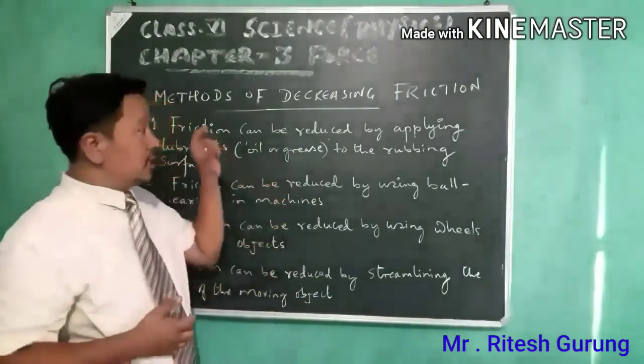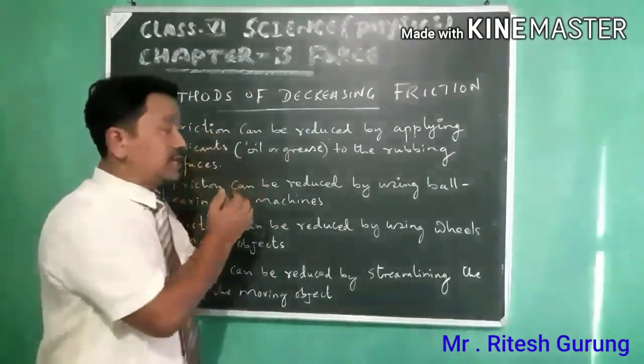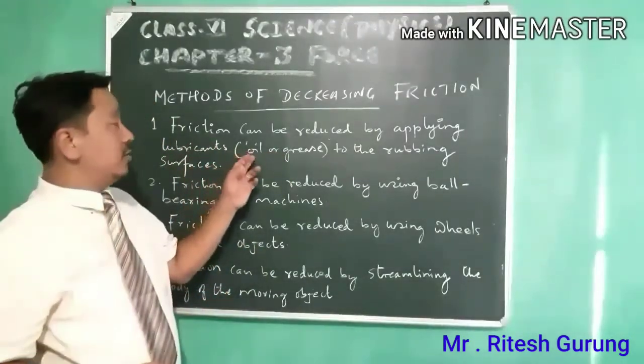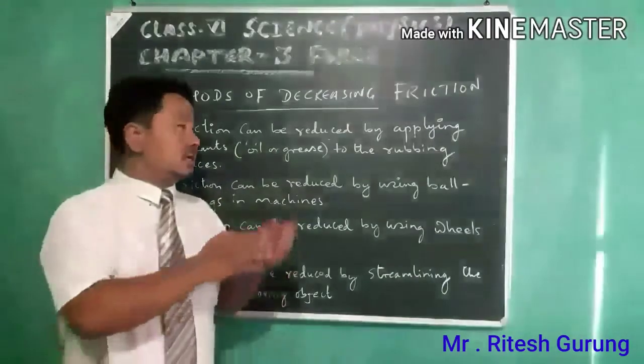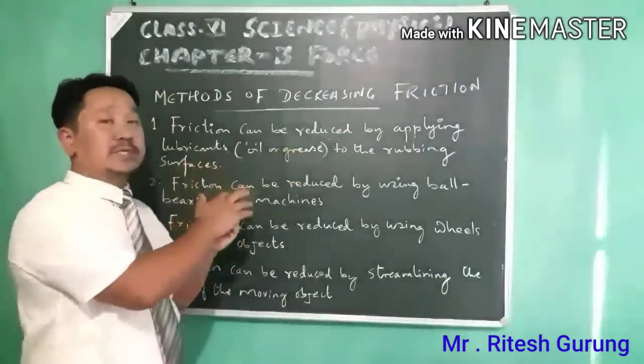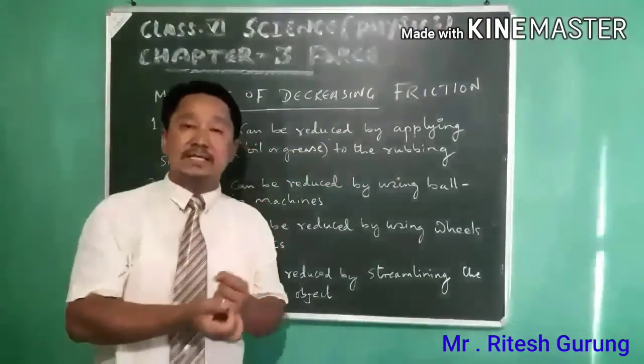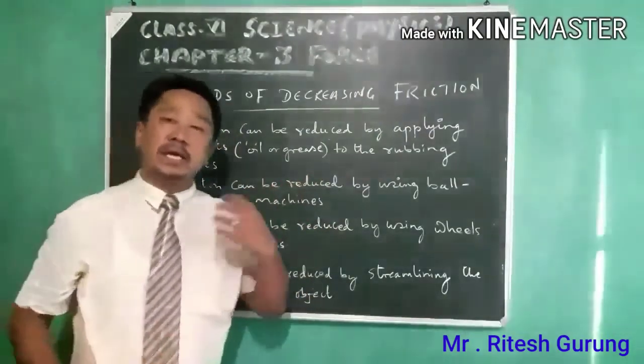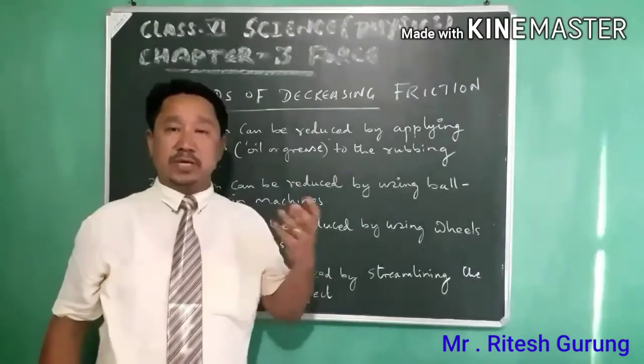So what we can do is apply lubricants like oil or grease, so that the rubbing surfaces will have less friction, and the work can be done easily and very smoothly without any problem.